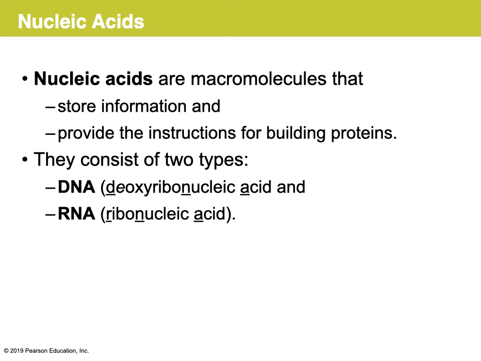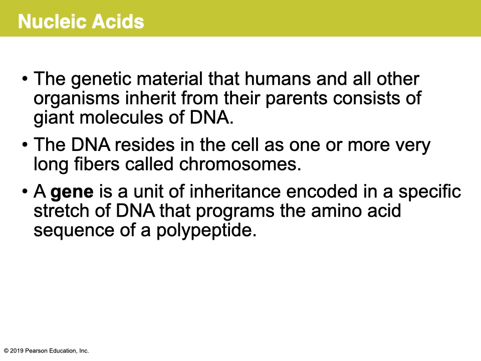Now, there's two types of nucleic acids, DNA and RNA, and they're both abbreviations, right? So DNA is deoxyribonucleic acid, and RNA is ribonucleic acid. And what those refer to is the essential sugar in the structure of those nucleotides. So the genetic material that humans and all other organisms inherited from their parents consists of huge molecules of DNA.